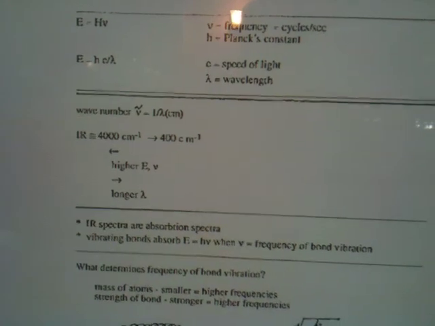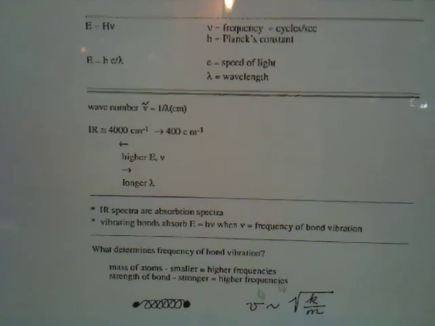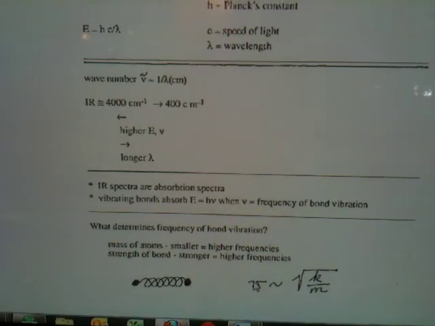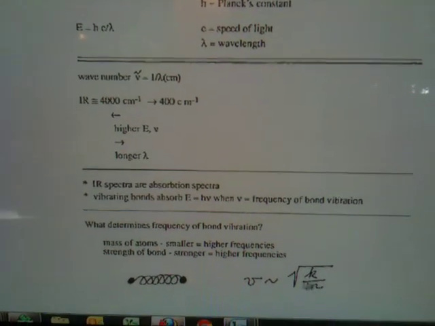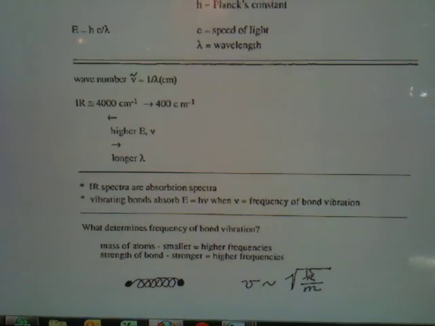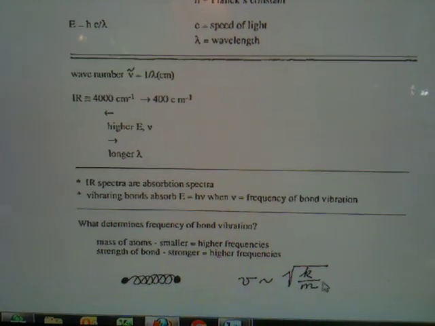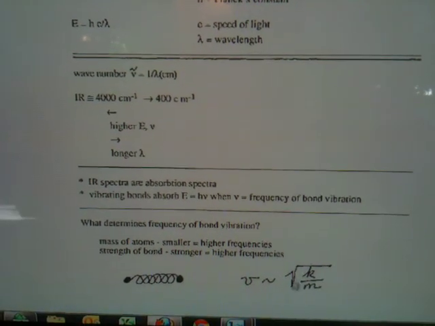We can think of a bond as being like two balls on a spring. And that frequency is proportional to the square root of K over M. K is a constant, the spring constant, and M is the mass of the atoms, the mass of the balls on the end of the spring.